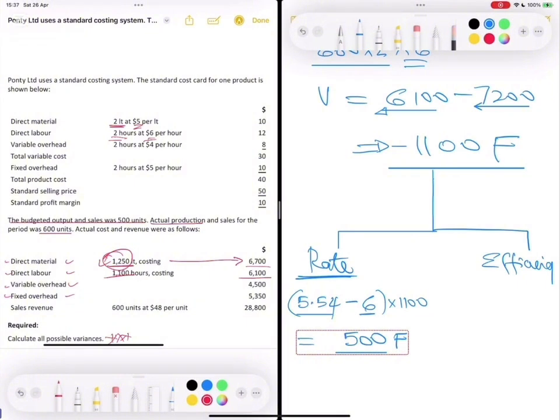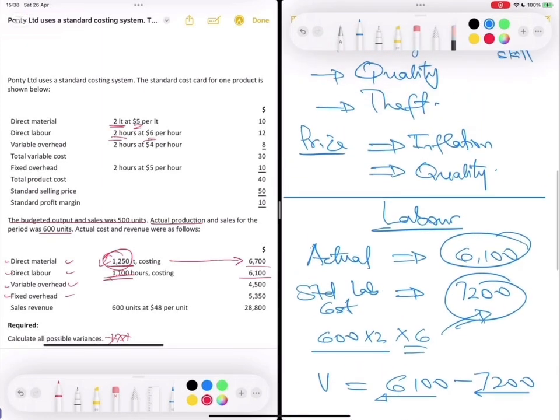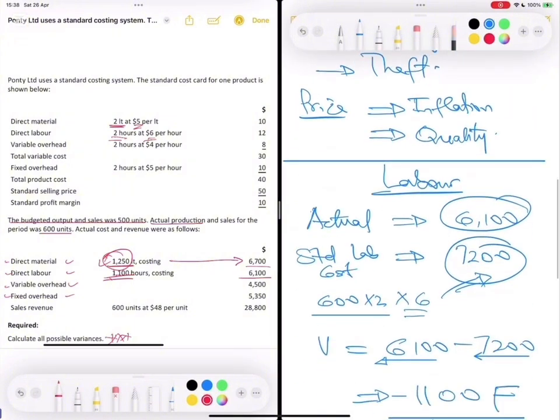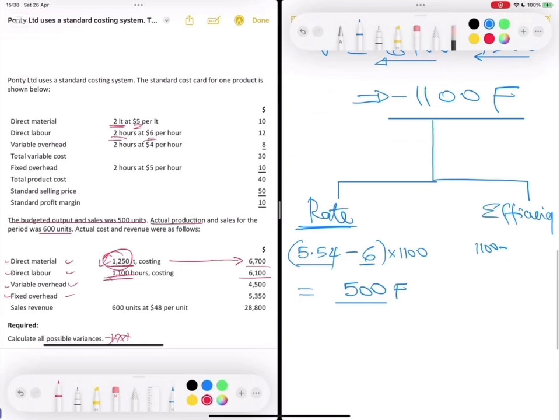Efficiency is about how many hours we consume. Did we consume more than we should have consumed? The number of hours we consumed is 1,100 minus what we should have consumed. We said we should have consumed 600 times 2, 1,200, valued at the standard rate of $6.